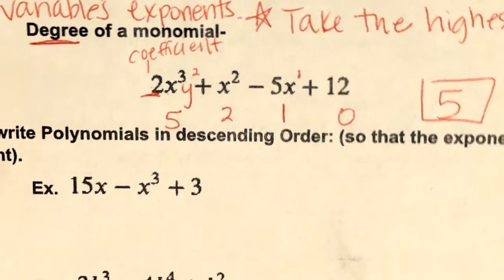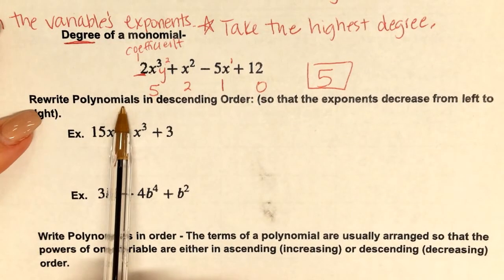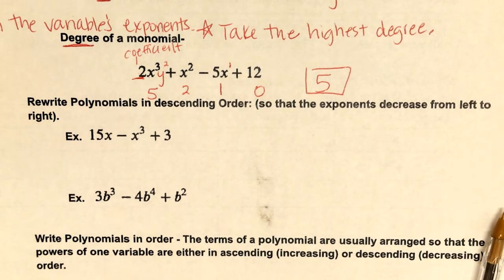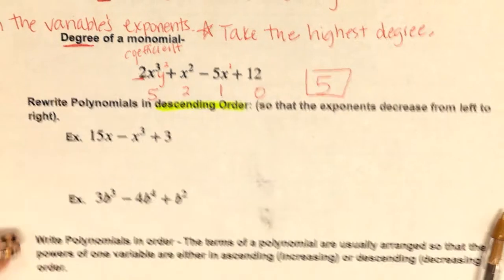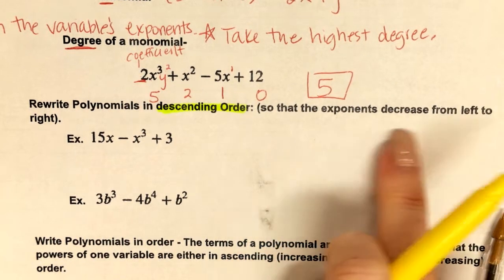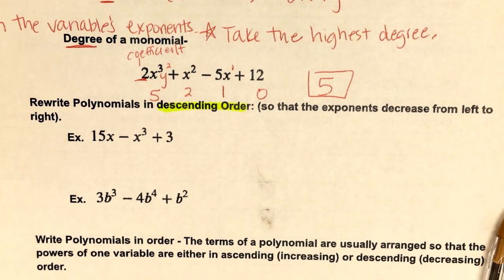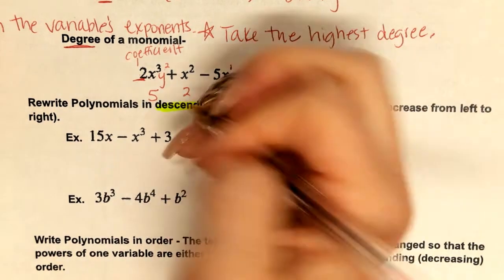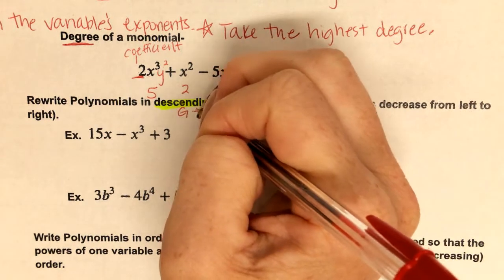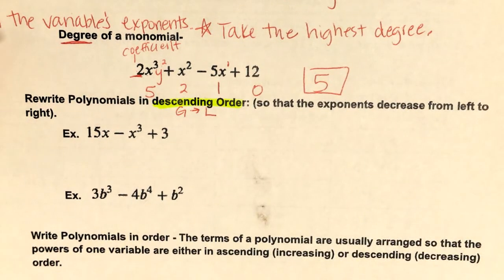All right. The next one wants you to write the polynomials in descending order so that the exponents decrease from left to right. Do y'all know what descending means? Descending means greatest to least. So if you want to write that, that's greatest to least.